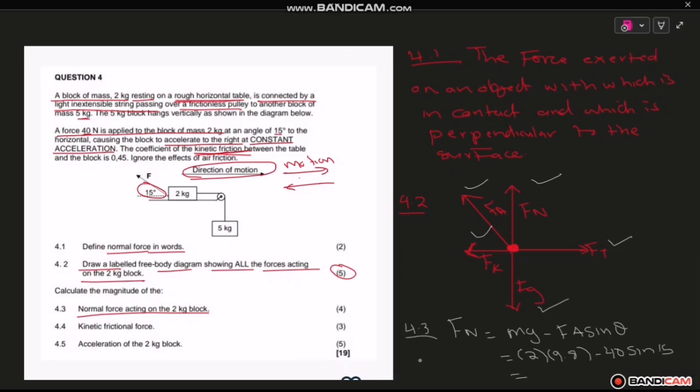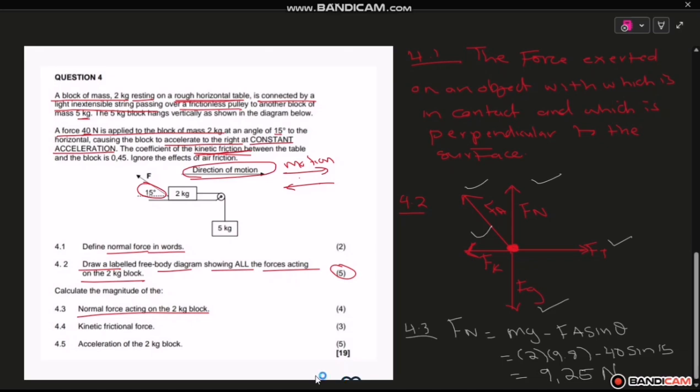Therefore, punch your calculator. Use your calculator and make sure that you use it correctly. So the answer is 9.25 Newton. This becomes the answer of 4.3, the normal force. I hope it makes sense, guys.